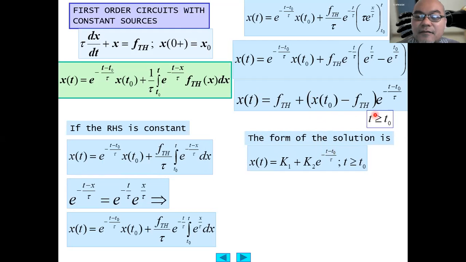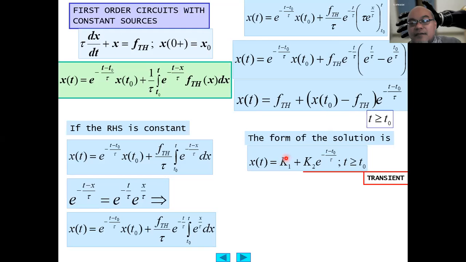From here this can be simplified, the solution to be x(t) equals k1 plus k2 exponent minus t0 over tau, where k1 equals the new forcing function f_th, the constant source, and k2 equals x, the initial value at t0, minus the forcing function f_th.